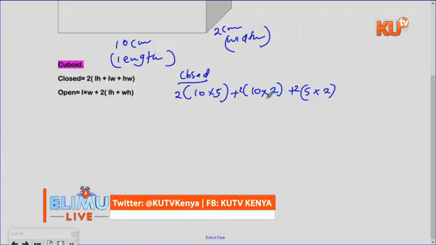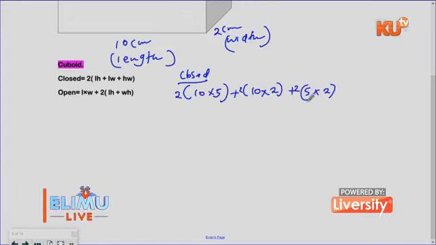And then if you look at the measurements of 10 by 2, this is the lower part. We have the bottom part and the top part. So that's why we are taking 10 times 2 and then multiplying by 2. And then we have this side here. The measurement of this rectangle is 2 and 5. So remember there are 2 of them. So that's why I've taken 5 times 2, then times 2.